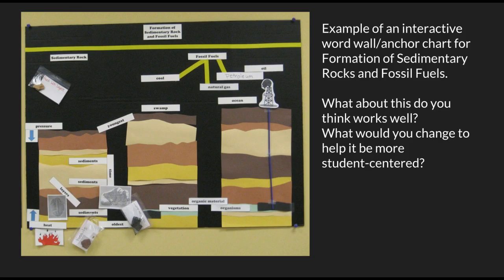How would you change it to be more student-centered or more clear? This has a lot of information, and perhaps it was built over time as students discussed it. And so just kind of taking a look and taking the best ideas of what you see out there and making them your own.